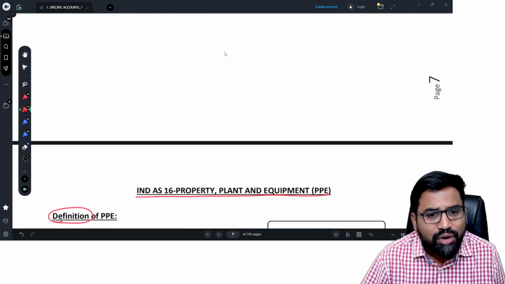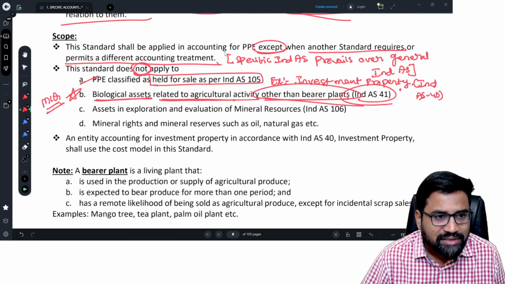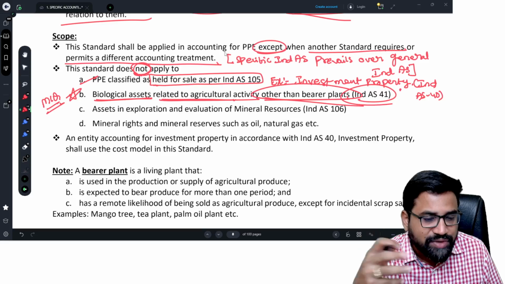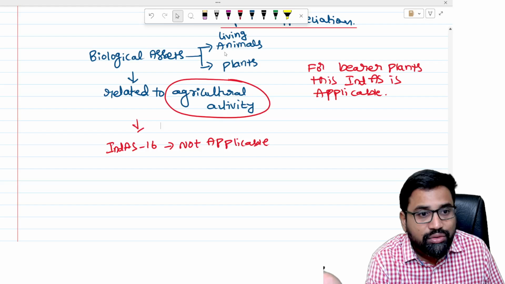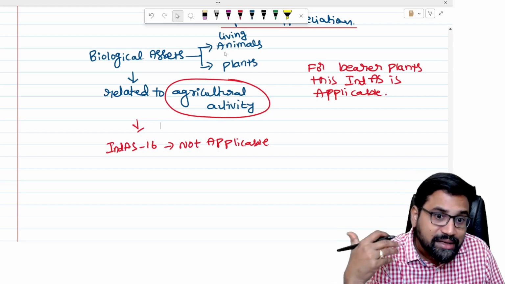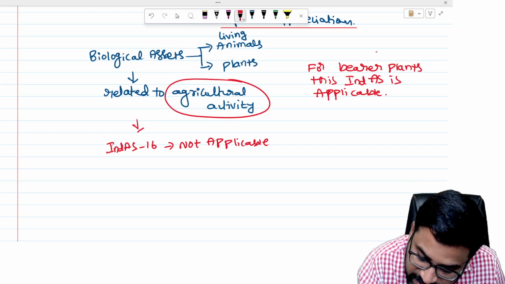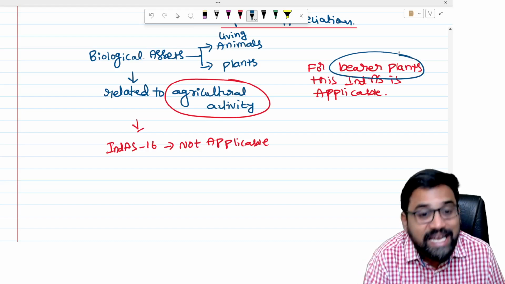See, generally what kind of assets are related to agriculture? Living animals and plants. Generally in agriculture, the assets will be either the animals we use or the plants. So relating to agriculture there is a separate standard, therefore this standard is not applicable. But remember, in plants there is one kind called bearer plants. For this, this standard is applicable.